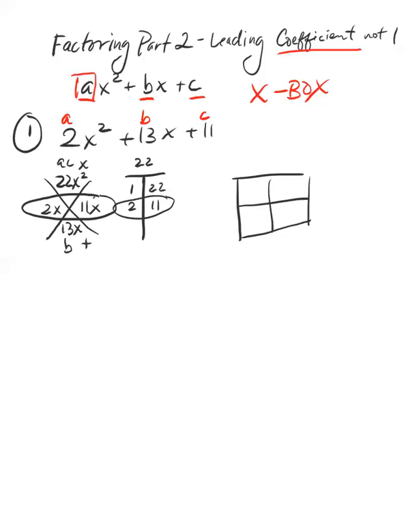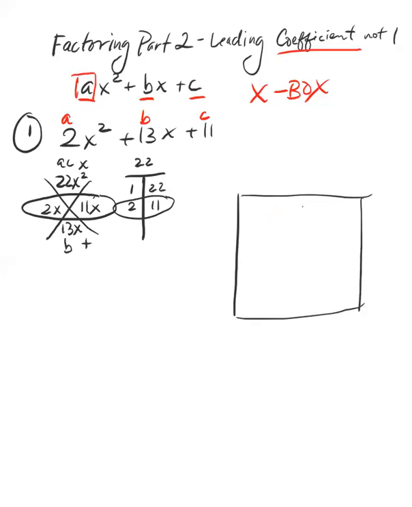So in this first box goes our a term. Let me erase this. Let me make it bigger so you guys can see, because this is the first one here. So my a term goes in here, and my c term goes in here. Again, this is my a term, and this is my c term.